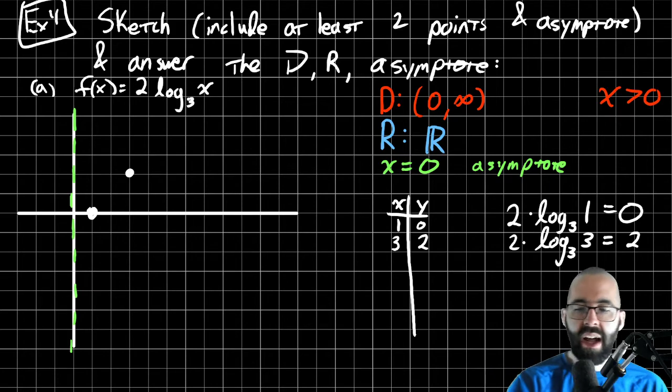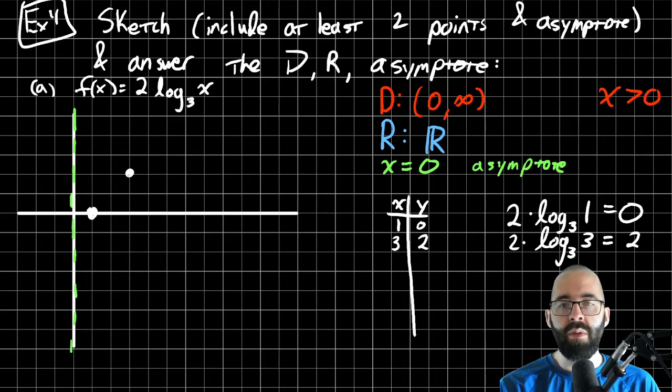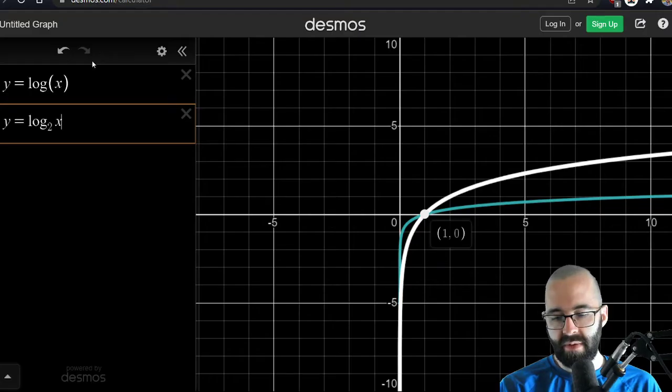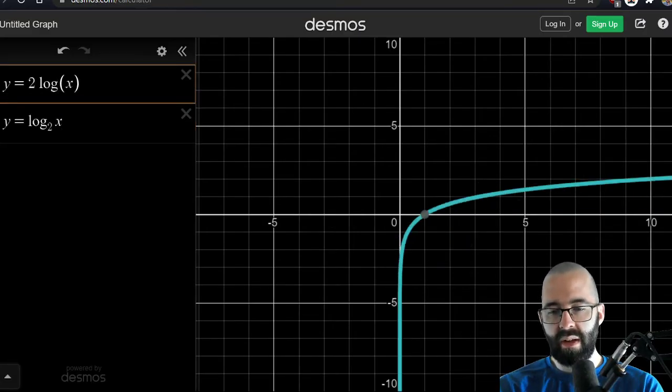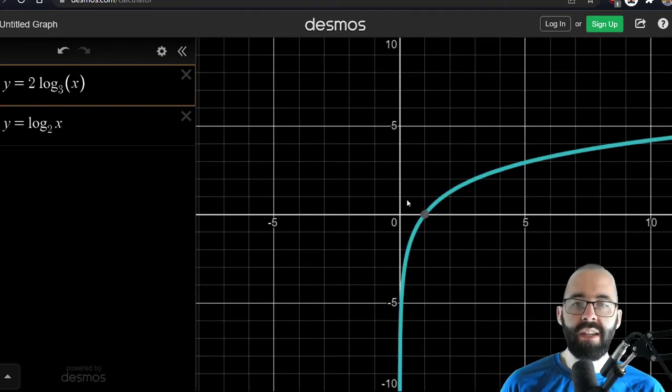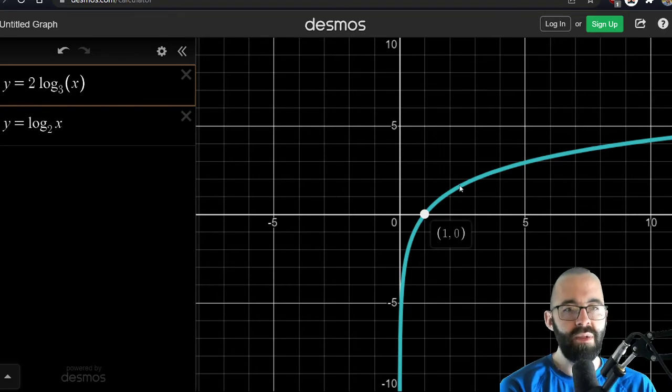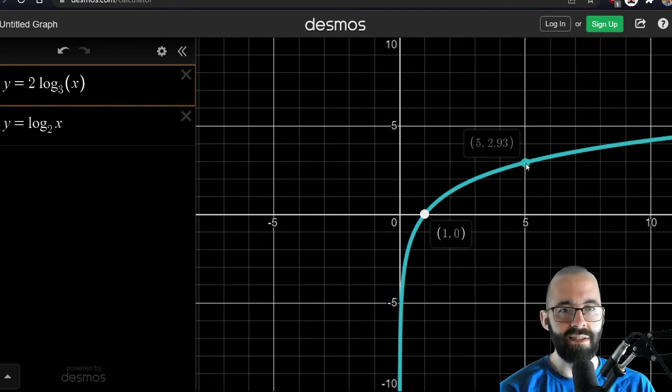But again, you don't have to do this. You don't have to make a table. You don't have to do it by hand. But it's good practice. We're going to be looking at y equals 2 times the log base 3 of x. What are some nice points on this graph? Some nice points that we can graph: 1 comma 0, just like we said. 3 comma 2, just like we said. 5 kind of looks like a nice point, but it's not actually a nice point.